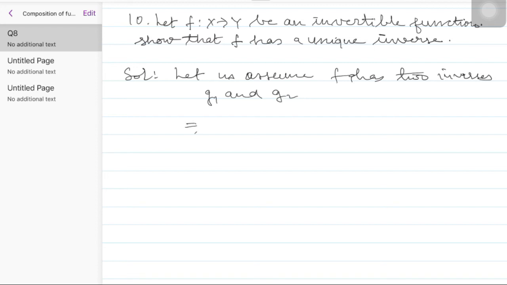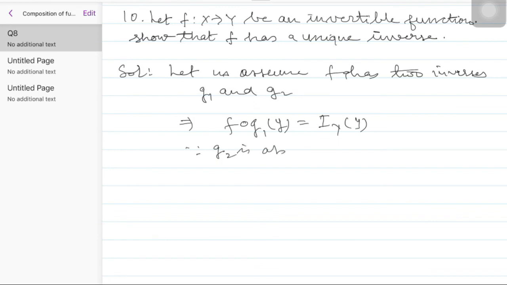So f o g1 is equal to Iy, because g1 is a function from Y to X and f is a function from X to Y.